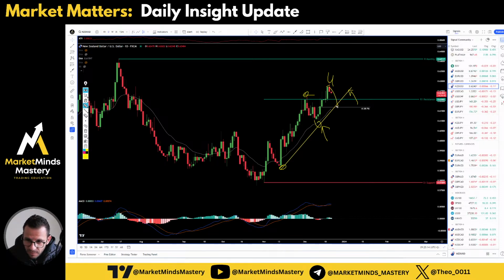If price dips down and drops around the 61.8 Fib area, that I took from this low, the 100% of the Fib, to the 0%, and the 61.8 is right there, I do expect this area of confluence to act as support for a bounce and to take some long trades from there.